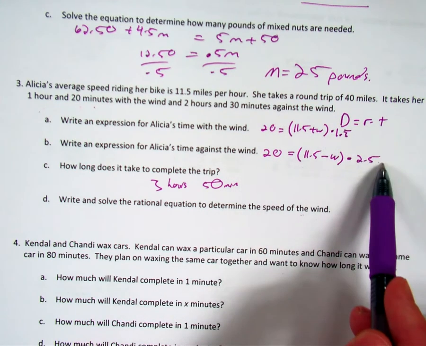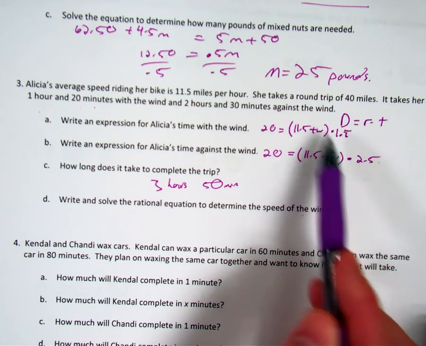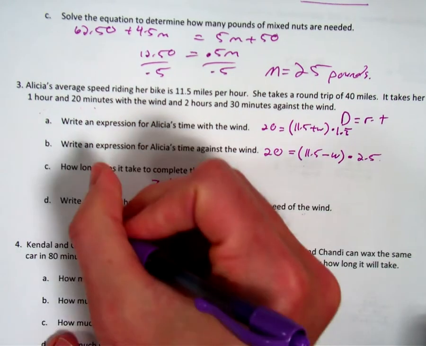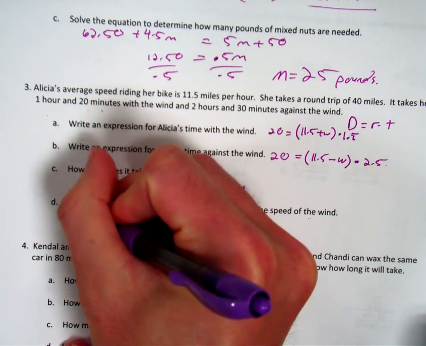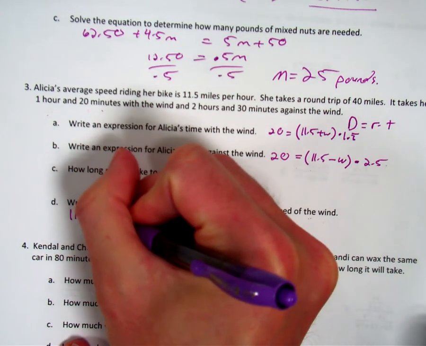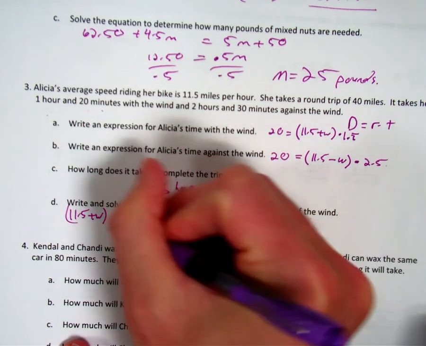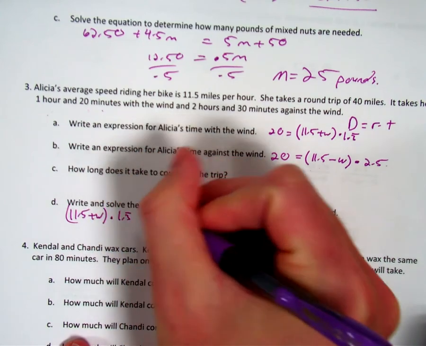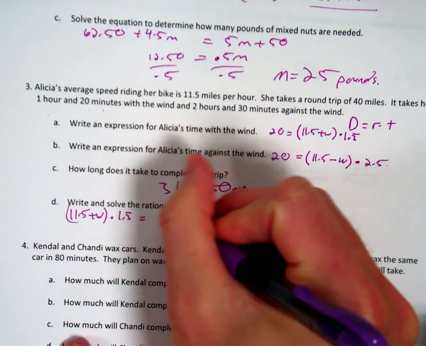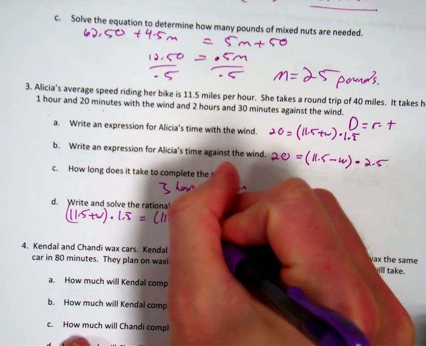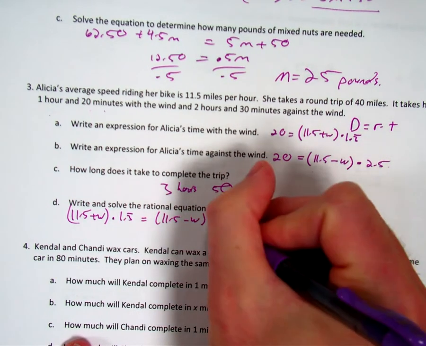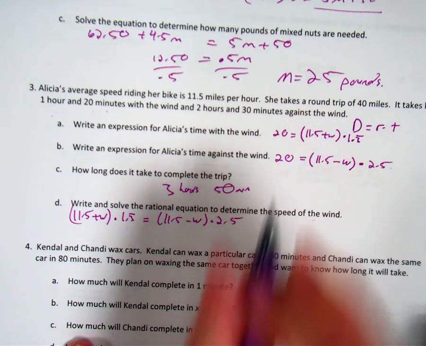So if this is equal to 20 and this is equal to 20, those two should equal each other. 11.5 plus W times 1.3 repeating is equal to 11.5 minus W times 2.5.